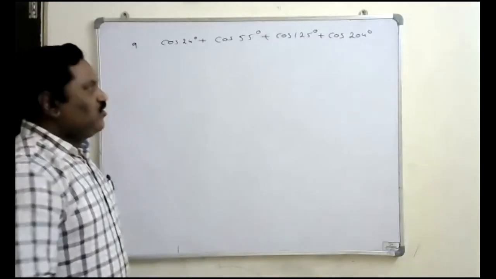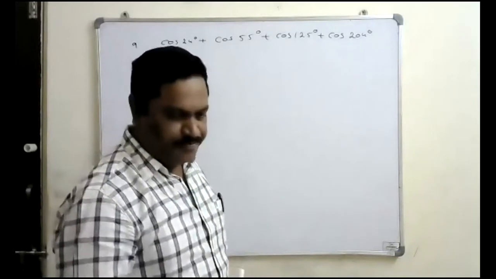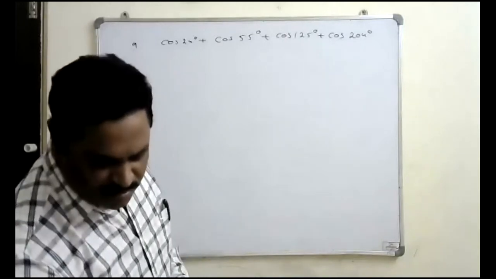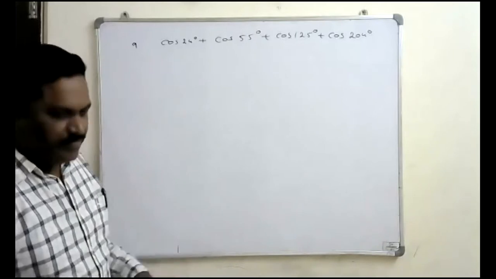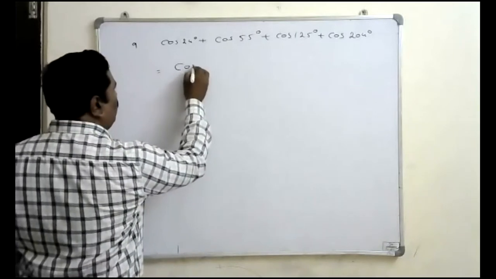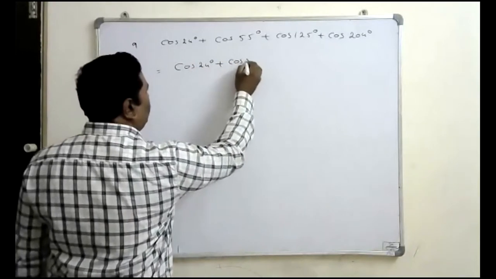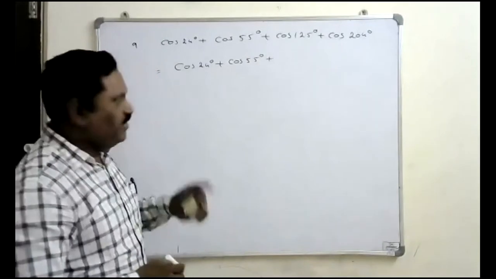Now, look at this. Here also we can observe that all the angles are unknown. Whenever you find an unknown angle, first you should feel happy. Why? Because that unknown angle automatically gets cancelled. So to solve this, your first angle is 24 degree. Don't disturb that. Cos 55 degree, don't disturb this. Plus cos 125 degree, disturb it.